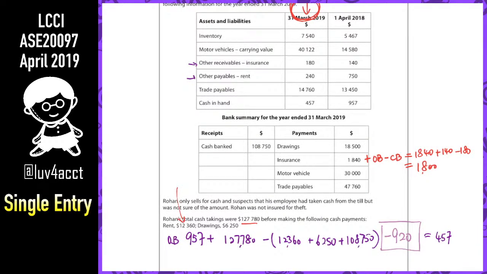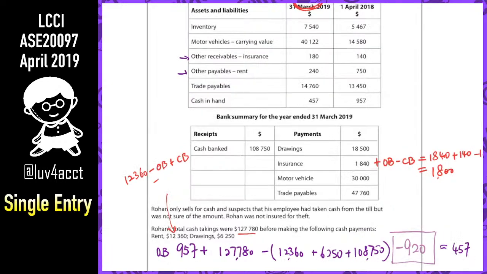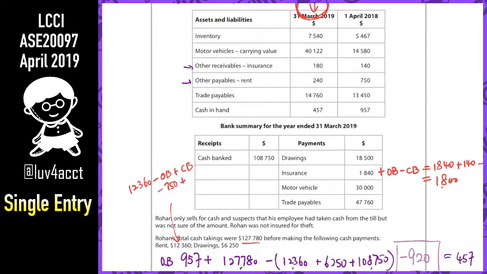Okay, for rent we have 12360 minus opening balance plus closing balance, trade other payables. So it will be minus 750 plus 240, which is 12360 minus 750 plus 240.